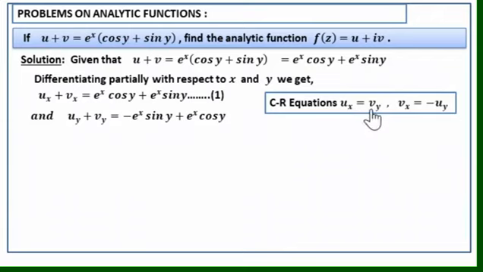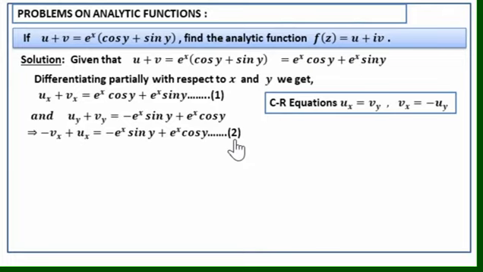They are ux equal to vy and vx equal to minus uy. So this equation becomes: replace uy by minus vx and vy by ux. So this is minus vx, this is ux, and the right side we write the same. Call it equation 2.